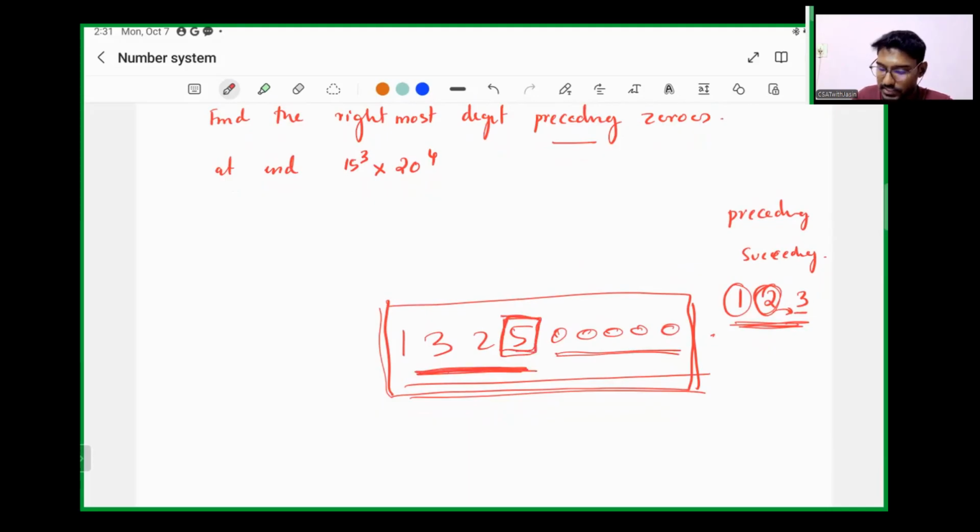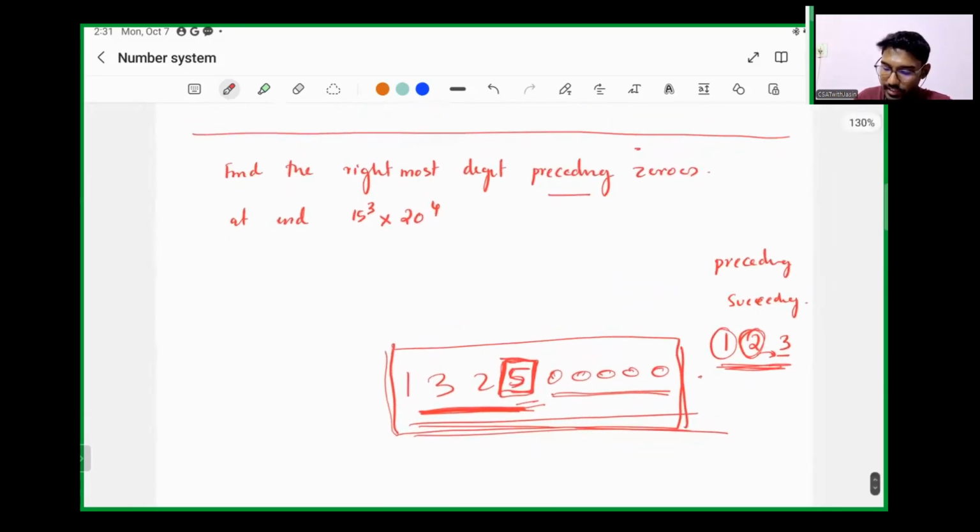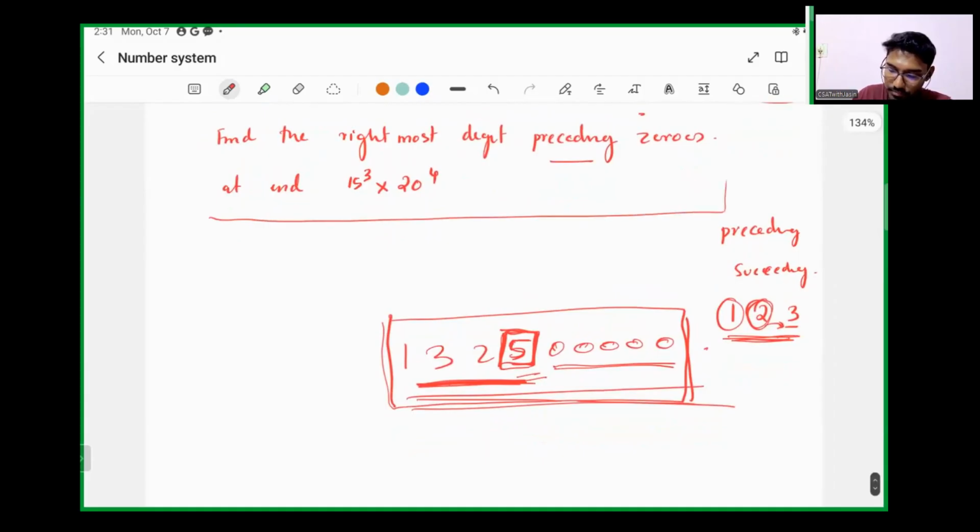Among these 4 digits, this is the rightmost digit. So rightmost digit preceding zeros here is 5. Did you understand? So UPSC asked a question like this this year. So if you get a number like this, here 5 is the rightmost digit preceding zeros. So similarly, try to answer this question.